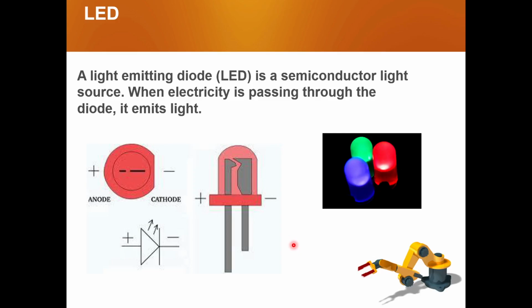This is a semiconductor device. Okay. So when electricity is passing through the diode, it emits light. This also has one positive end and one negative end. So this is the diagram symbol for LED. The positive end is called the anode and the negative end is called the cathode.